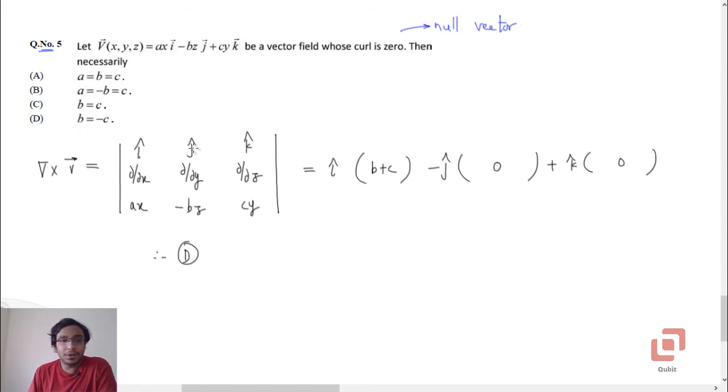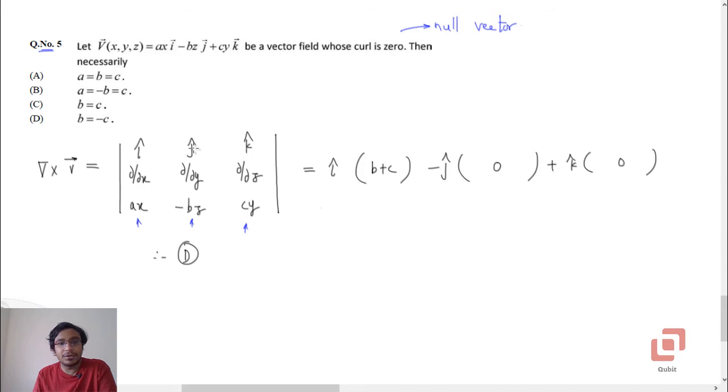Now we all know how to find the curl. Curl is del cross v bar. So in the third row we should be writing the components of v bar, which are ax, negative bz and cy. So it will be i cap into the partial derivative with respect to y of cy minus the partial derivative with respect to z of minus bz.